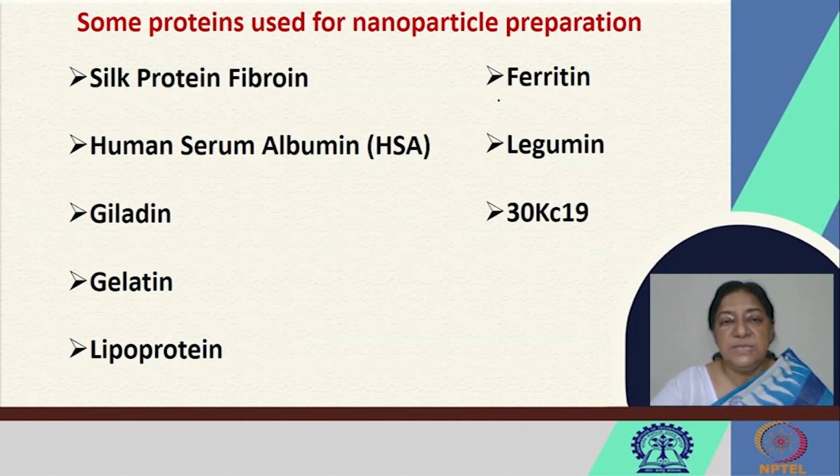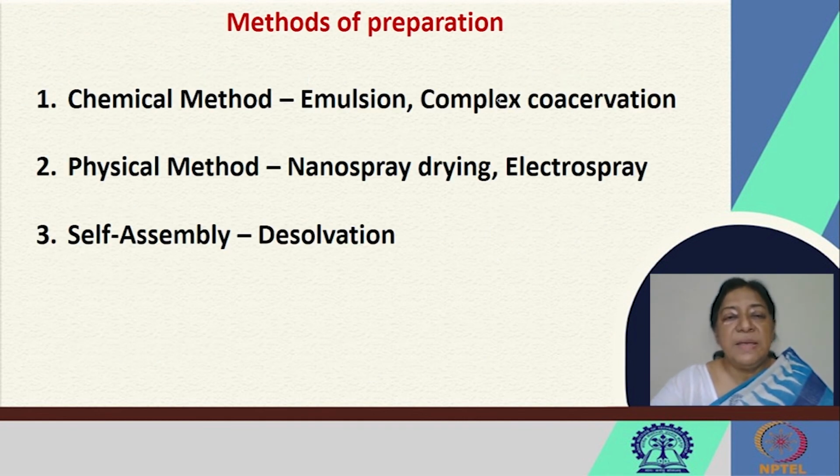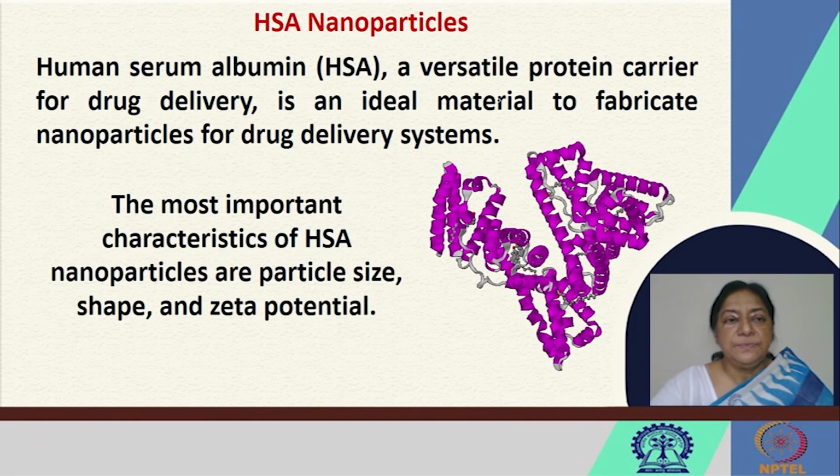These are some proteins that are used for nanoparticle preparation. The methods of preparation include chemical methods, physical methods, and even self-assembly, where the protein nanoparticle is being prepared. For example, human serum albumin nanoparticles.